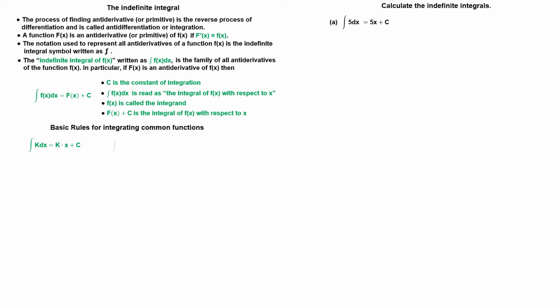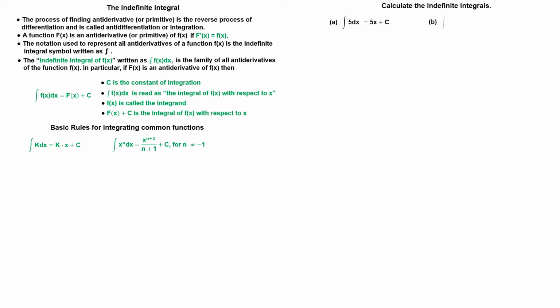This rule states that when integrating a power of x, we add 1 to the exponent and then divide by the new exponent, since the derivative of x to the power of n plus 1 divided by n plus 1 is equal to x to the power of n. Look at the example.